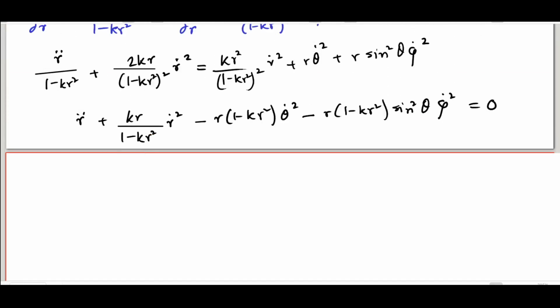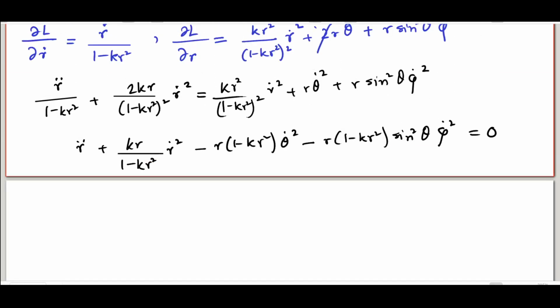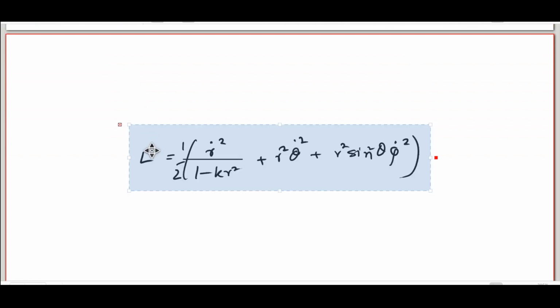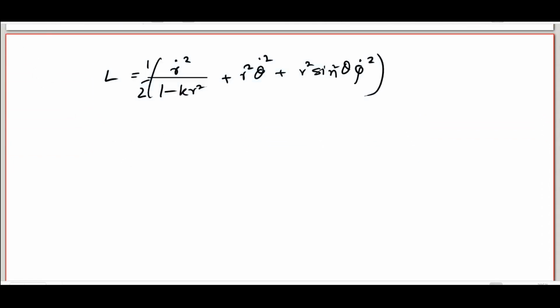Okay, so that was the r equation. What about the theta equation? Let me just copy out the L, because I will need to take a look at this when I work out the theta equation once again. So let's just copy this onto the top of the next page. And now, for the theta equation, what we need is ∂L/∂θ̇, which is of course pretty simple.